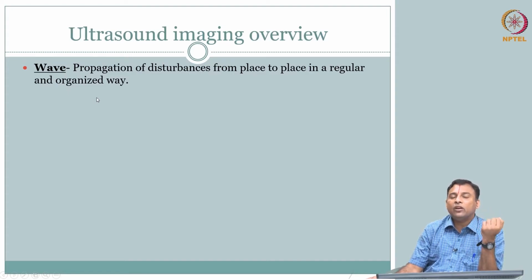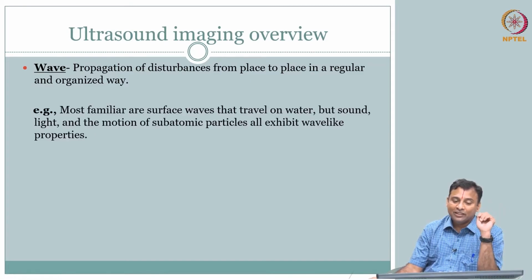What do we mean by regular and organized way? That means as engineers, we are looking at it and saying, can I use a mathematical expression to describe the wave?